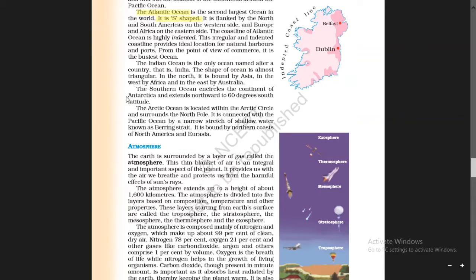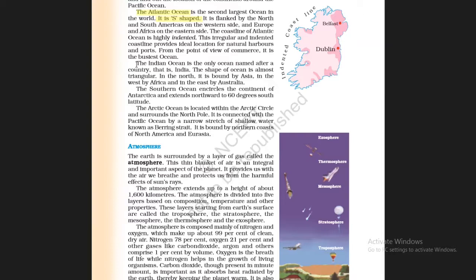So you can see here, indented as its coastline, not in a smooth way. It results in what?